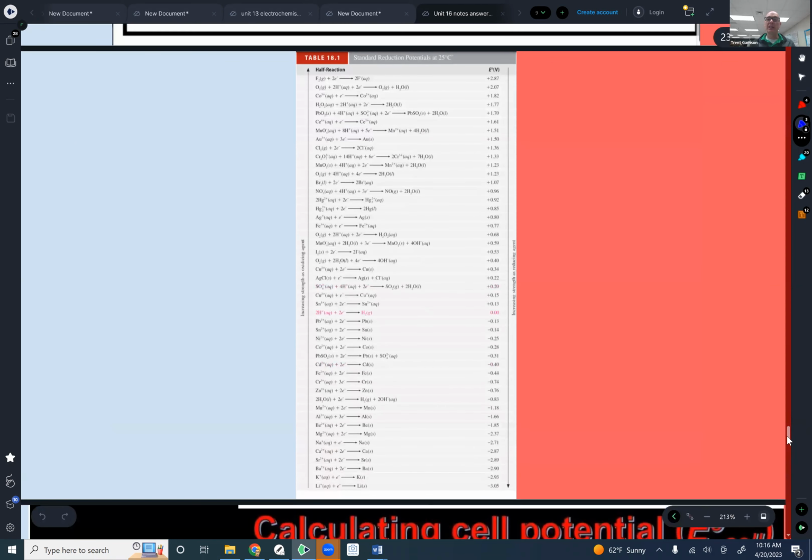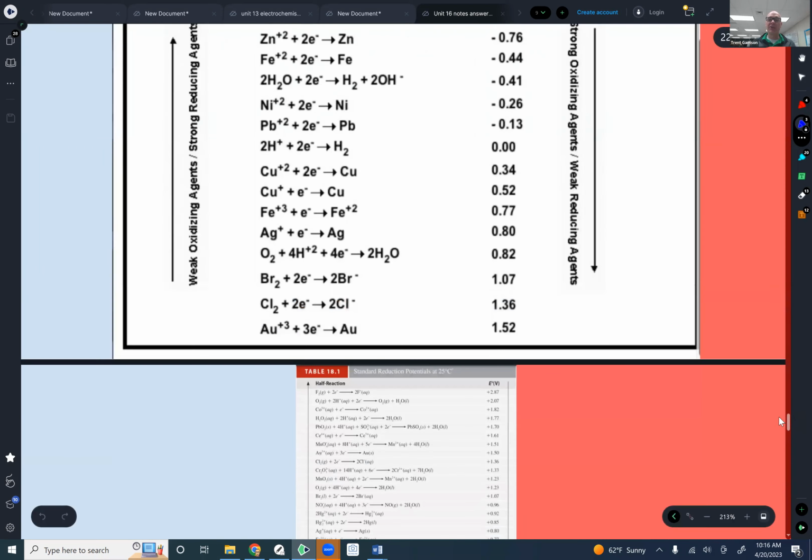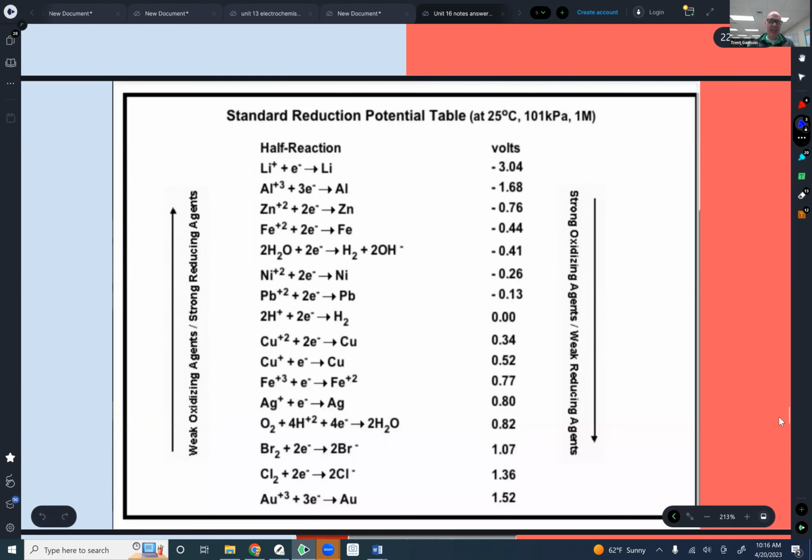If you need something a little bit more detailed, there are tables out there that have a lot more elements on them. But what I want you to notice is that on this simplified scale, it starts at the top at negatives. I think that's a little bit easier to remember because the negatives are always the ones that give away their electricity.